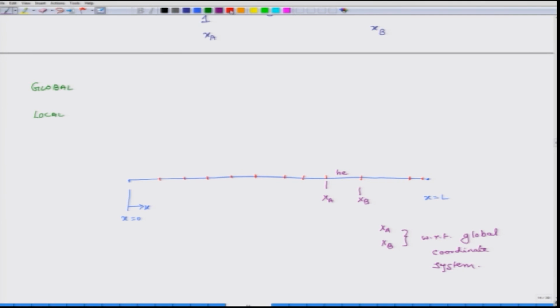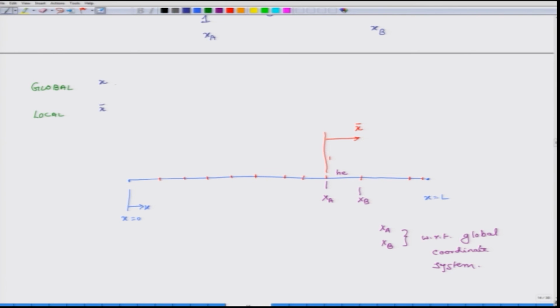My local coordinate system has its origin at the first node of the eth element, and I will call that coordinate x bar, just to differentiate. So, my global coordinate system is x, my local coordinate system is x bar.